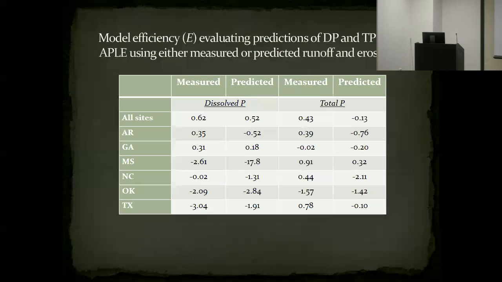So maybe we need to spend time improving our phosphorus cycling models, no question. But maybe we really need to be focusing on improving some of these equations, these models that have not been modified for decades, on predicting runoff and erosion at the field scale.